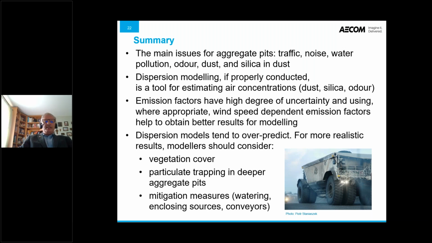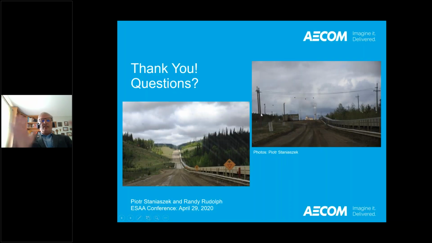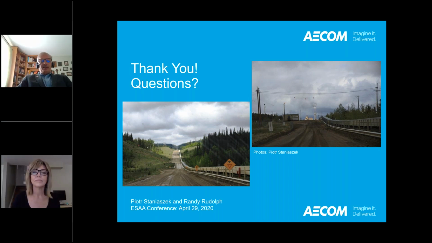But for more realistic results, we should consider vegetation cover, particle trapping in deeper aggregate pits, and mitigation measures. And that concludes our presentation, and if there are questions, we are ready to answer.